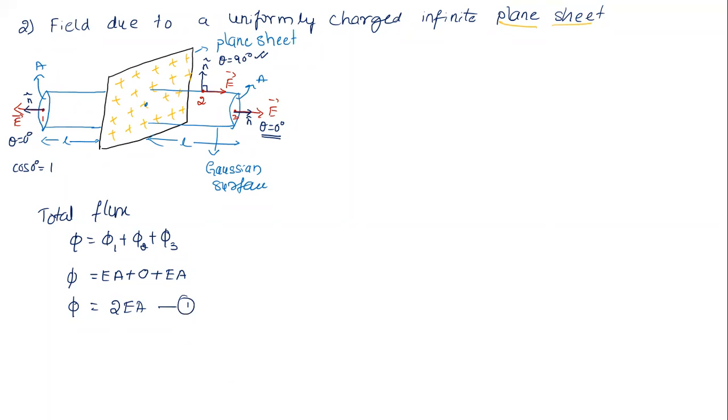So now I'm going to use Gauss law. What is Gauss law? The total flux through any surface is equal to Q net charge divided by epsilon naught. Here Q net I need to find out. What type of charge density is this? Surface charge density, right?